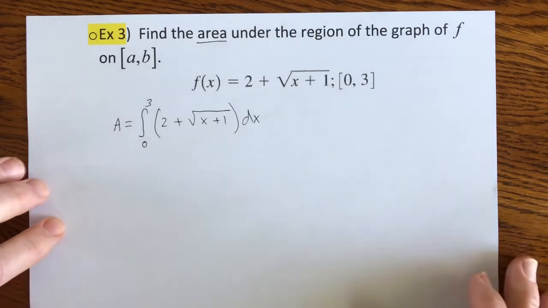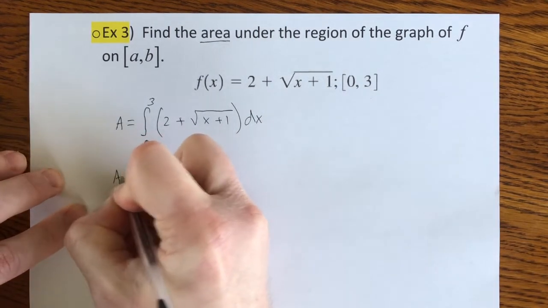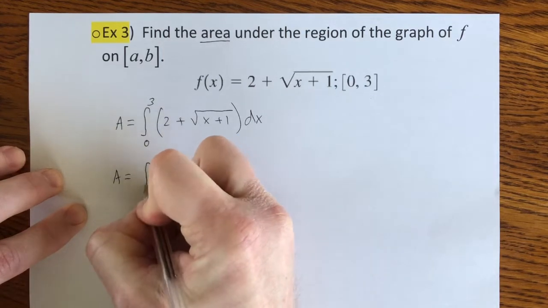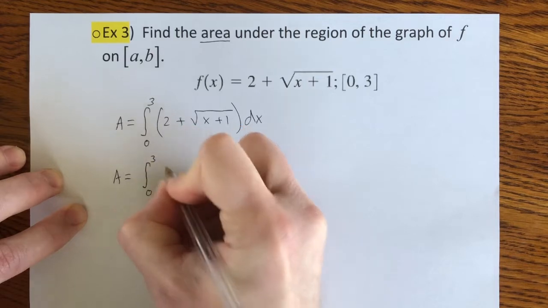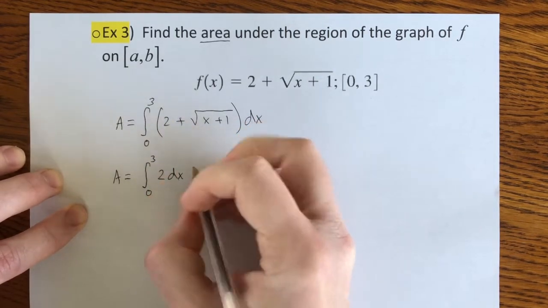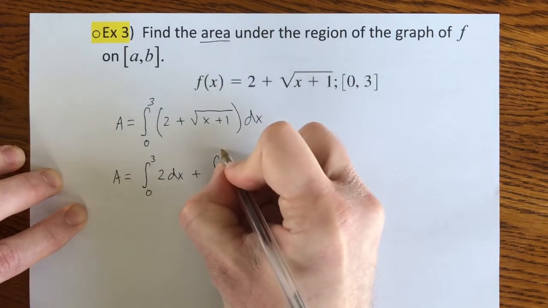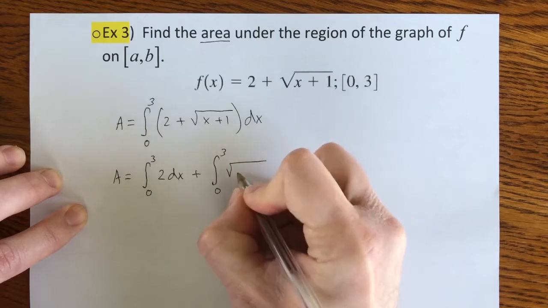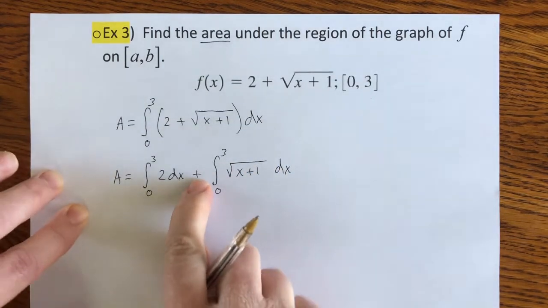With that being said, one of our properties allows us to rewrite this single definite integral as the sum of 2 distinct definite integrals. That's going to be the key here, understanding that property and being able to apply it.